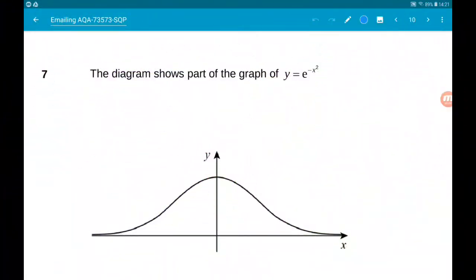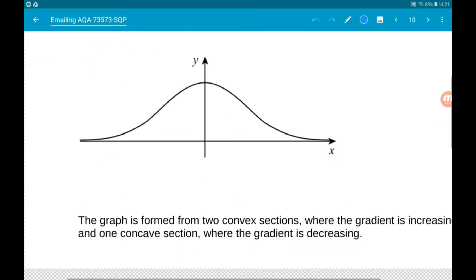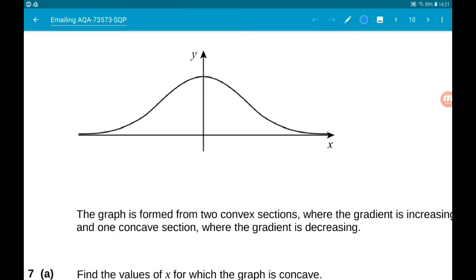Okay, question 7. The diagram below shows the graph of y equals e to the minus x squared. We are told the graph is formed from two convex sections where the gradient is increasing and one concave section where the gradient is decreasing.